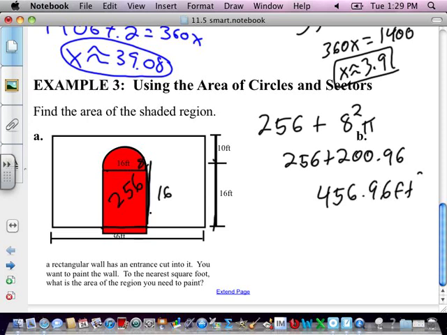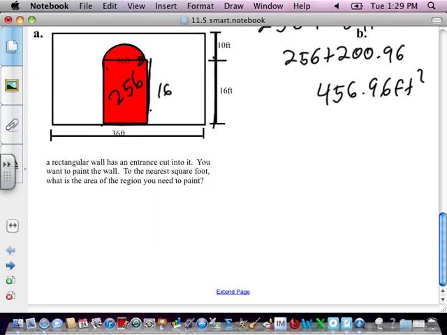Feet squared. A rectangular wall has an entrance cut into it. You want to paint the wall to the nearest square foot. What is the area of the region you need to paint? So we're not painting the doorway. This is the doorway, so we've got to paint the outside of it. Let's find the whole thing, including the doorway.